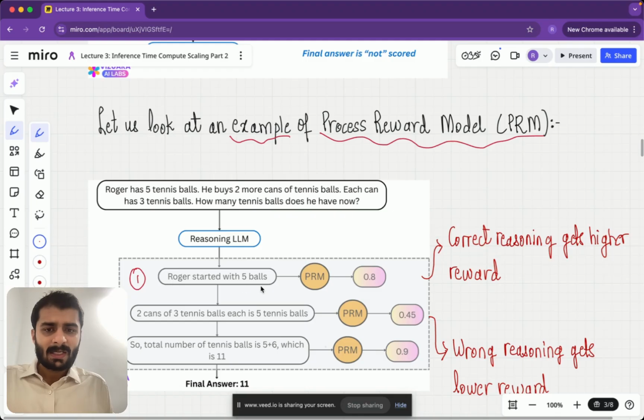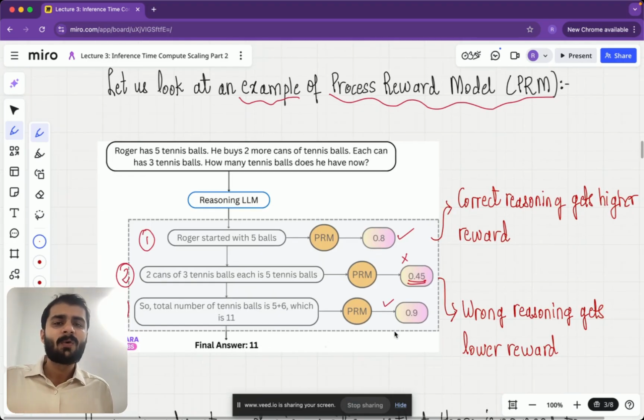The first one is correct. Roger starts with five tennis balls, so you get a higher score. The second one, two cans of three tennis balls, should be totally six tennis balls, not five. So this one gets a lower score. And then, so the total number of tennis balls, the final answer is correct. So this one gets a higher score. So wrong reasoning gets a lower reward.